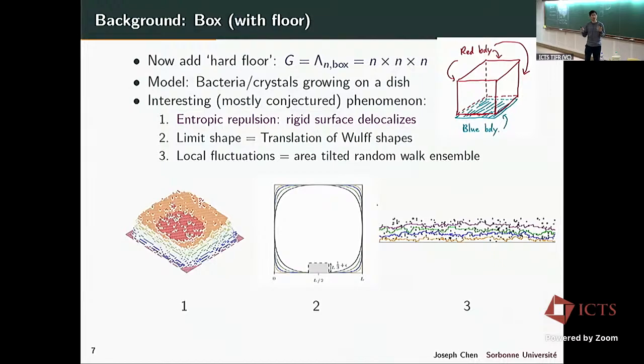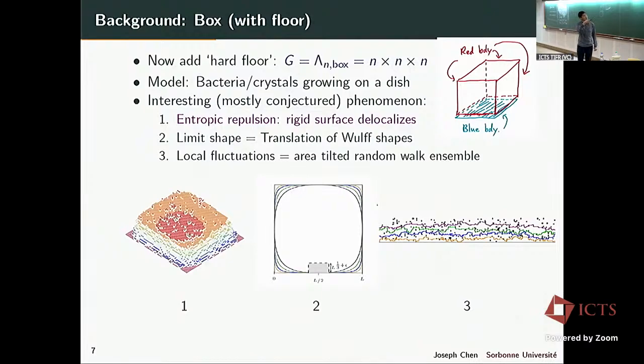But the moment I take beta to be large but still finite, this rigid surface begins to delocalize. So the variance of the height above any fixed point diverges now. So this is entropic repulsion.